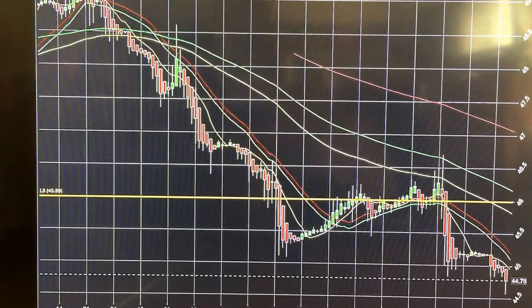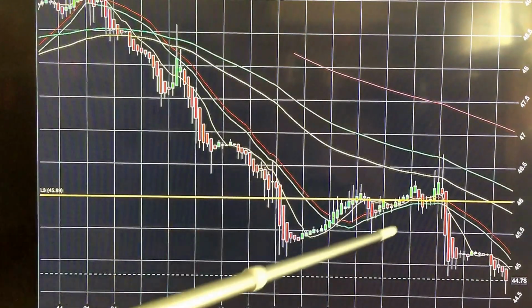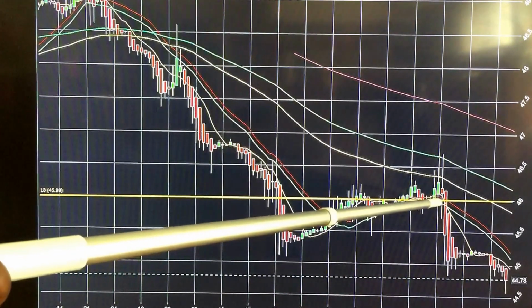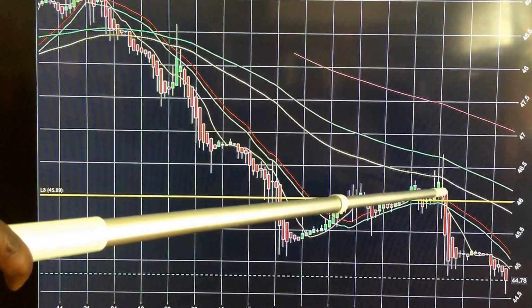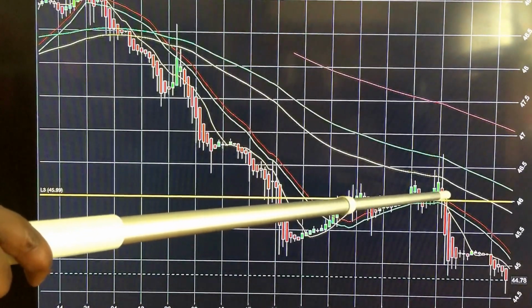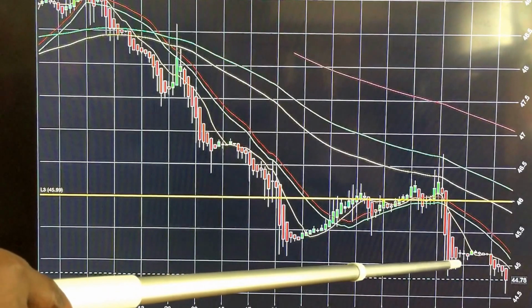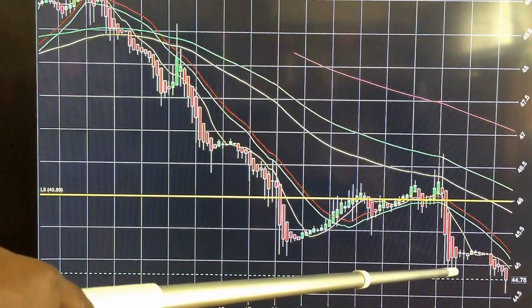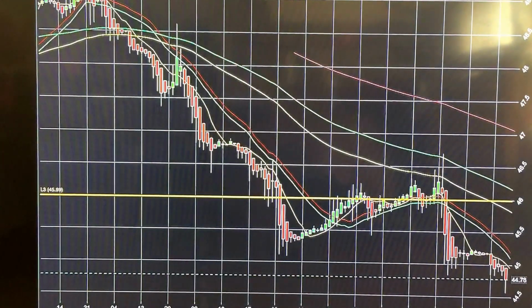Okay, now that we have taken our profit from here, you can wait for the next candle and plot in your selling position, and you come here and still get it. That is what we are trying to say, that even if you are seeing retracement, you are not supposed to be scared of it.